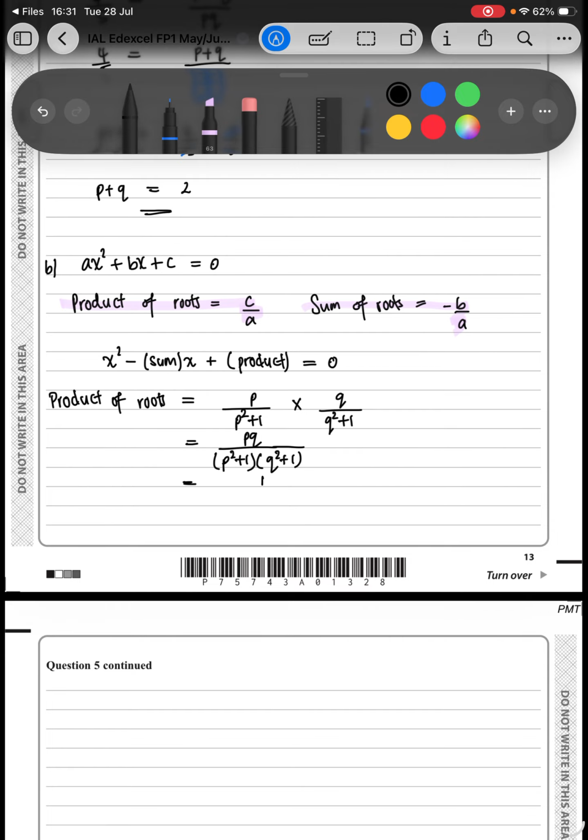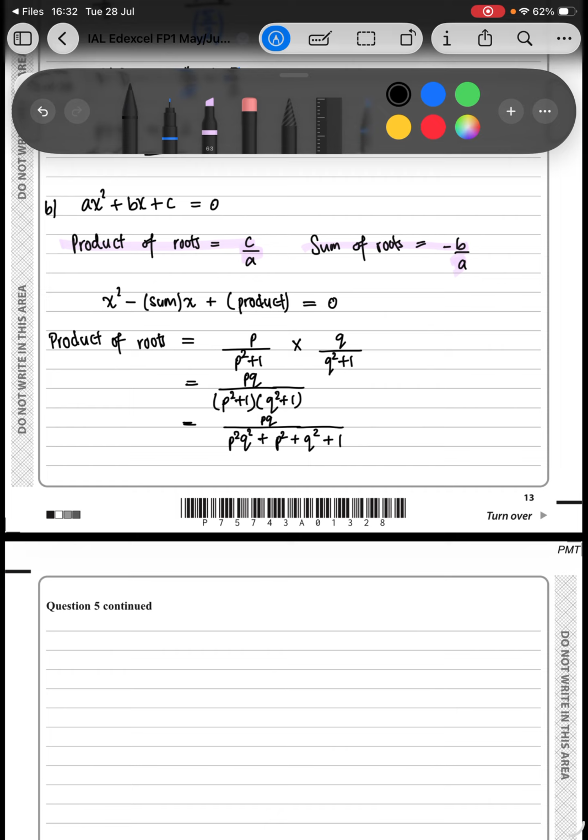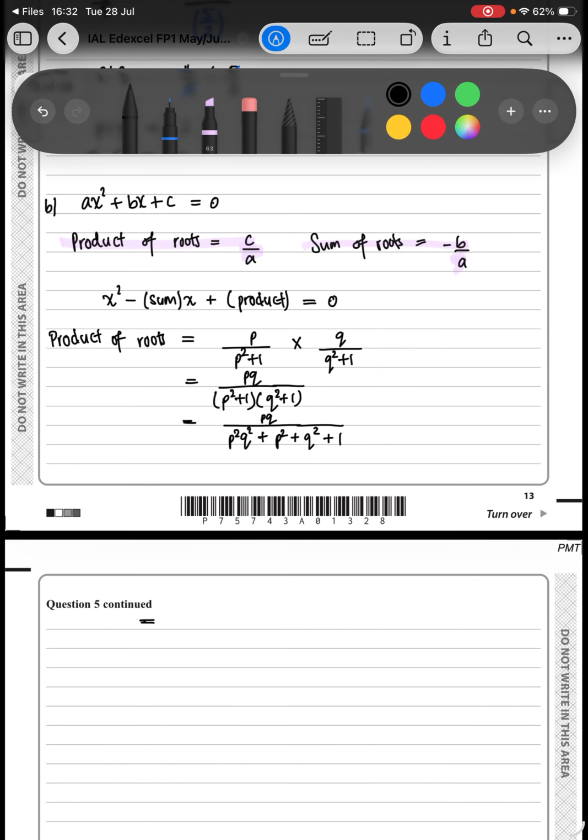Let's expand the brackets. P squared into Q squared plus P squared plus Q squared plus 1. And we can further simplify this.